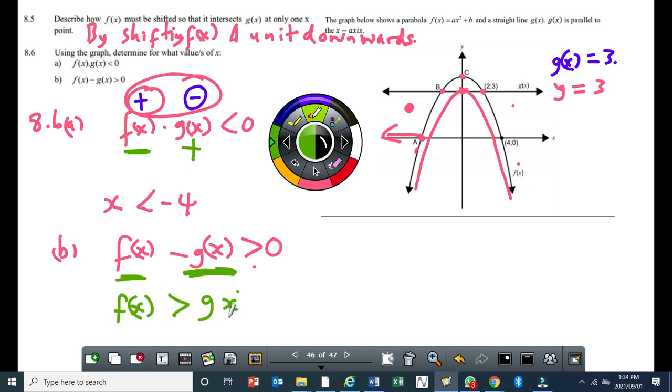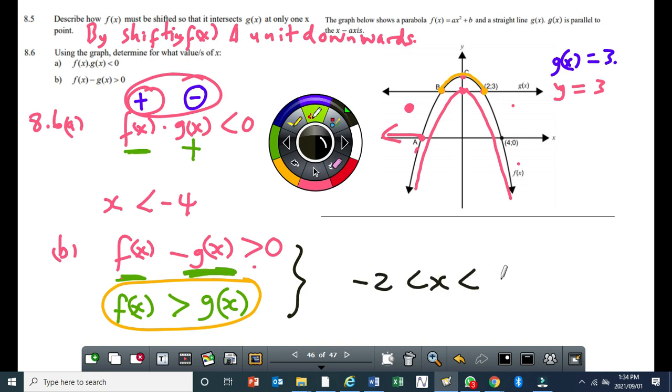If you take the minus g of x to the right, it can also be written like that. So, all we are saying by this is that the graph of f is above the graph of g. So that is only true from this point to that point. So in that region there, that's where our answer is. And our answer for that is going to be minus 2 less than x is less than 2. That will be our answer.